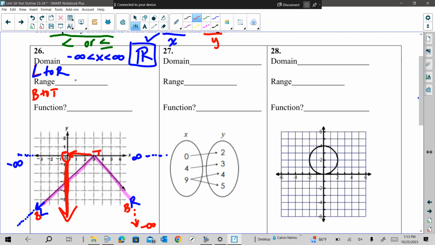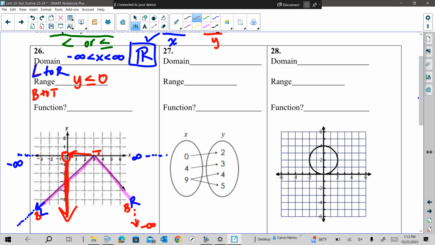All right, so this is y is less than or equal to 0. How do you know it's less than or equal to? Anything with a solid line is going to be less than or equal to.